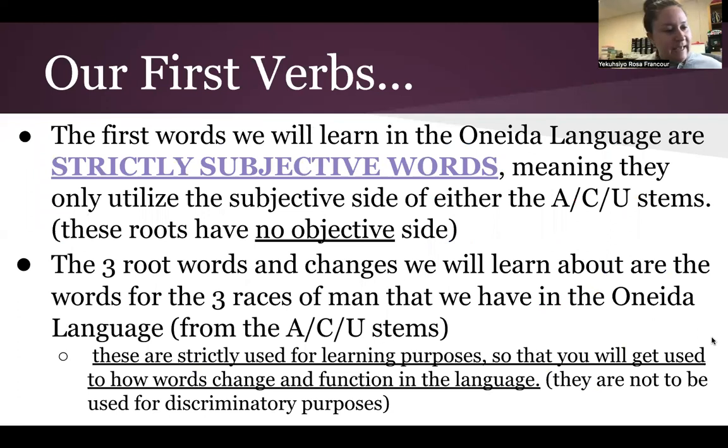So our first verbs, yay. The first words or verbs we will learn in the language are strictly subjective, so they only use subjective pronouns. Is this like that for all verbs? No, absolutely not.